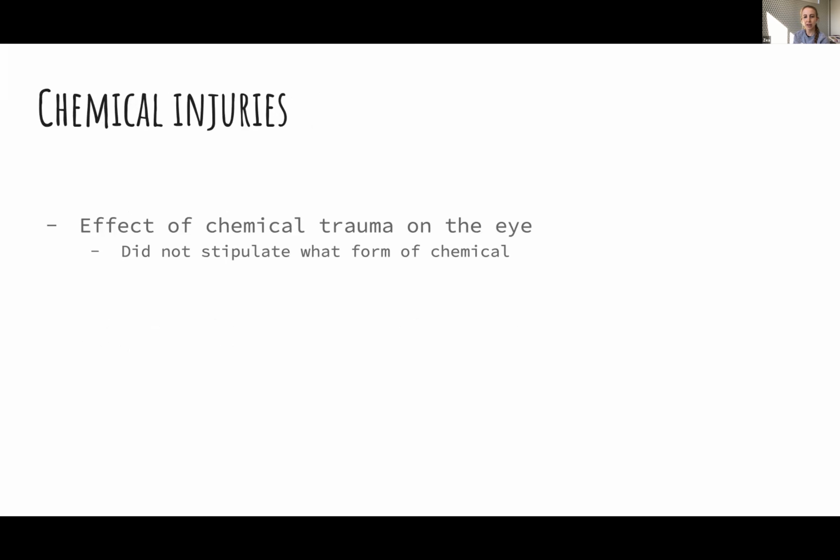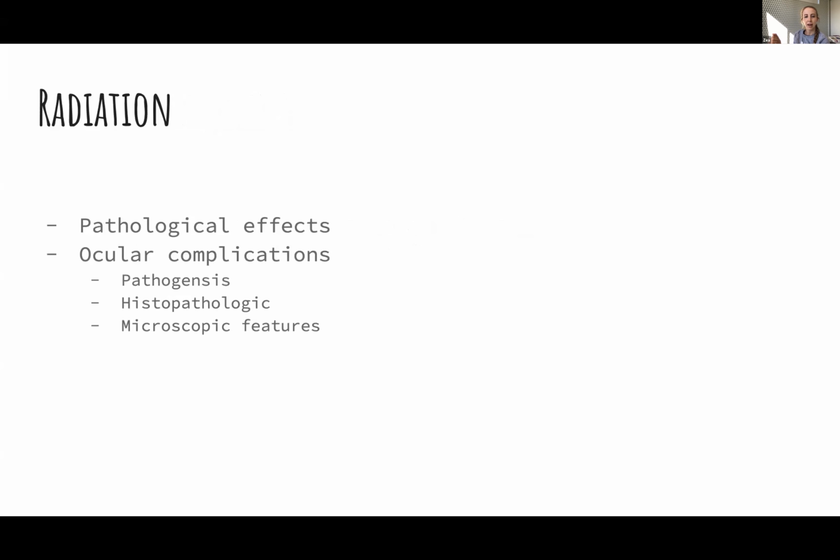For chemical injuries, they have repeated, quite generic questions on the effect of chemical trauma on the eye. So they didn't specifically state whether it was an alkali injury or anything. They just say pretty broadly chemical injuries in general, which I thought was a bit interesting.